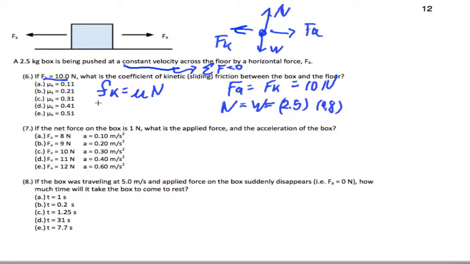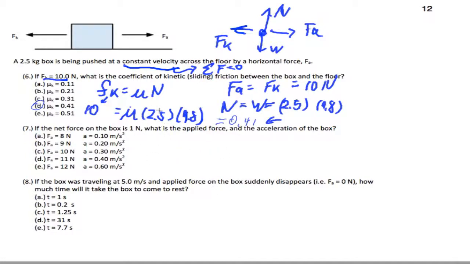And so the friction force of 10 equals mu times 2.5 times 9.8. And when we actually solve for that number, the answer that we're going to get is 0.41, which is D. No units on this, by the way.